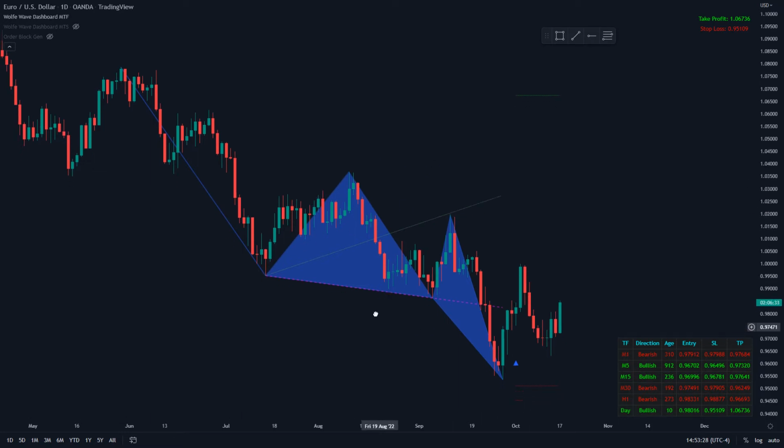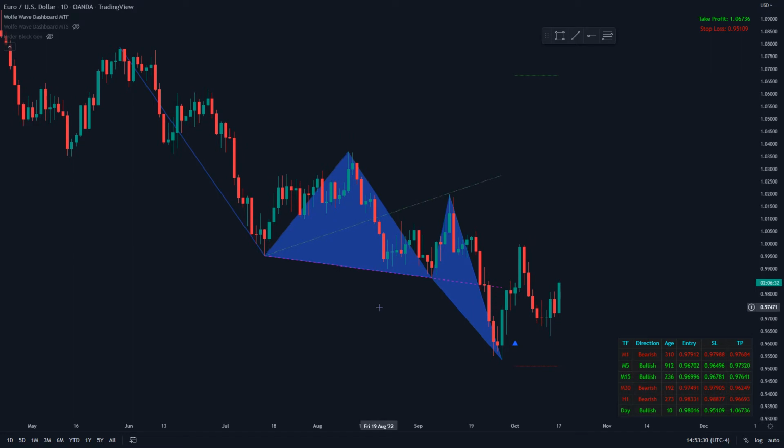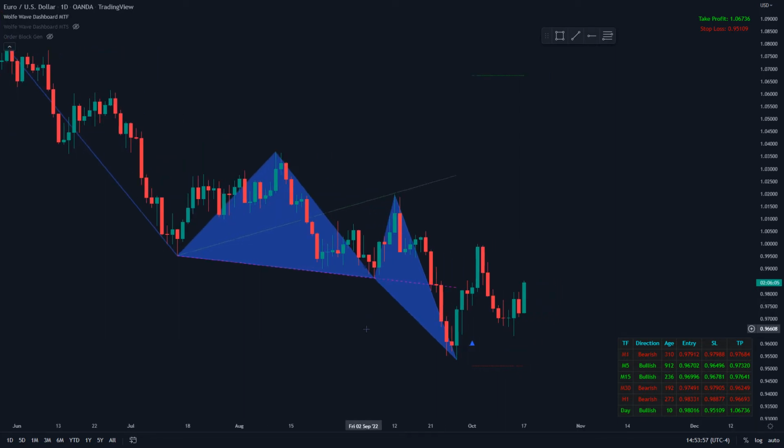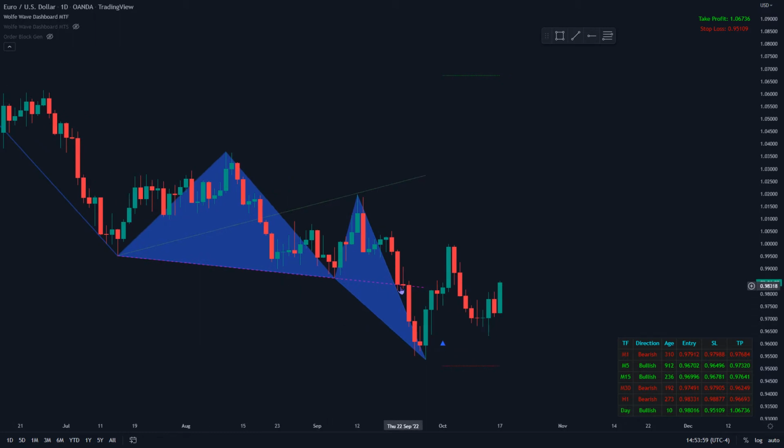And they are, in a sense, a type of harmonic pattern, but they can be used a little bit different. So for instance, as you can see, these trend lines that our indicator draws here on the top, and then here on the bottom for this bullish one. Let me just go over a quick way that you can use this.